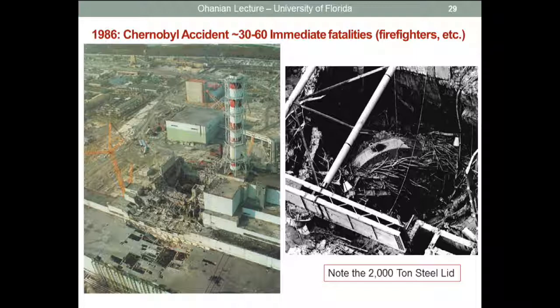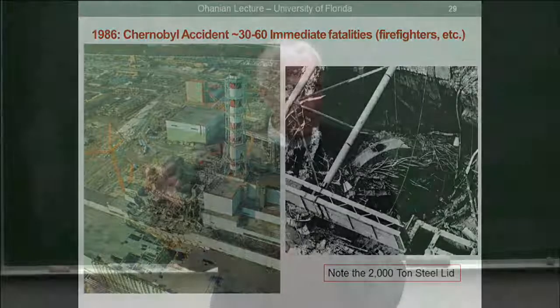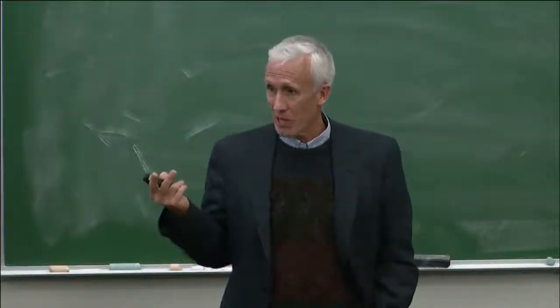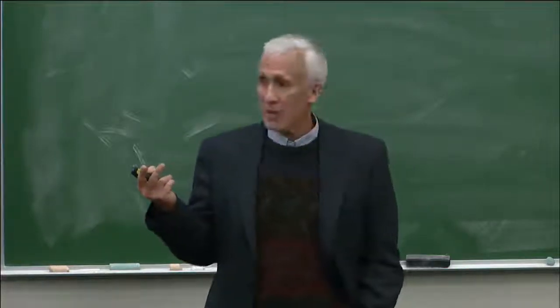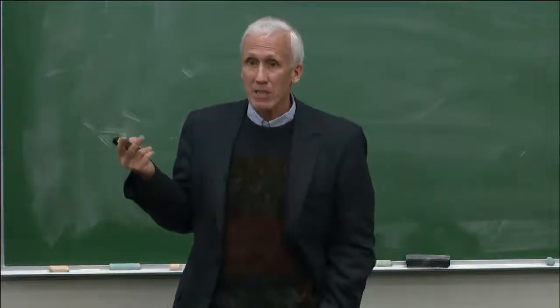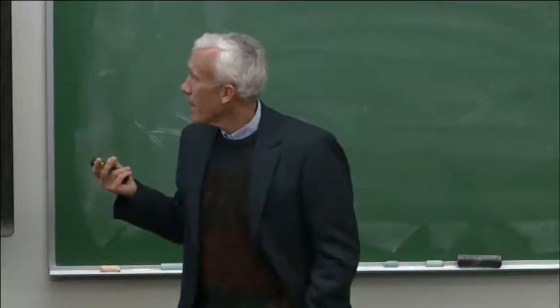And for 2 days, the Russian government said nothing. It didn't tell the city of 50,000 people living right next door that there was any problem. They brought in firefighters, obviously, to fight it, many of whom died as a result of radiation exposure. Some 30 to 60 people died of very short-term radiation exposure at Chernobyl.